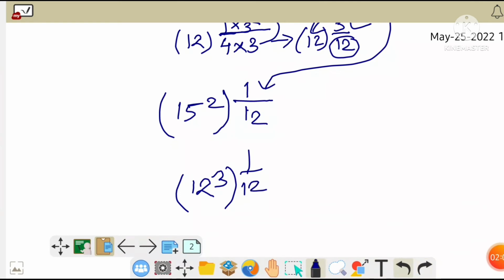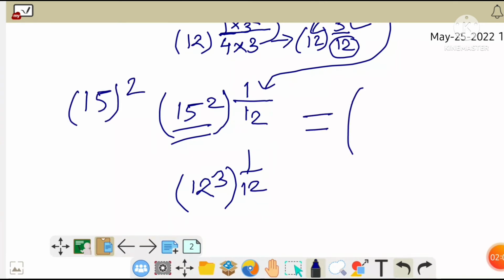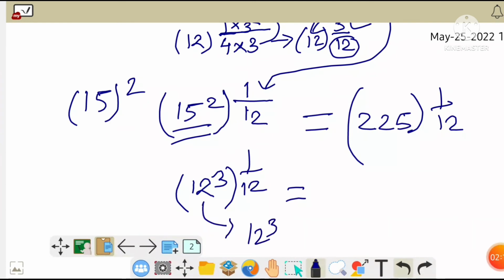So we'll have to find 15 square value and 12 cube value. So 15 square equals 225. Here we'll write 225 to the power 1 by 12, and 12 cube, if you multiply 12 three times, you'll get 1728 whole to the power 1 by 12.